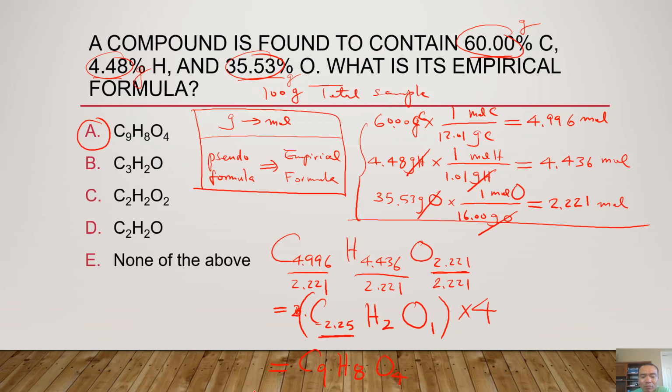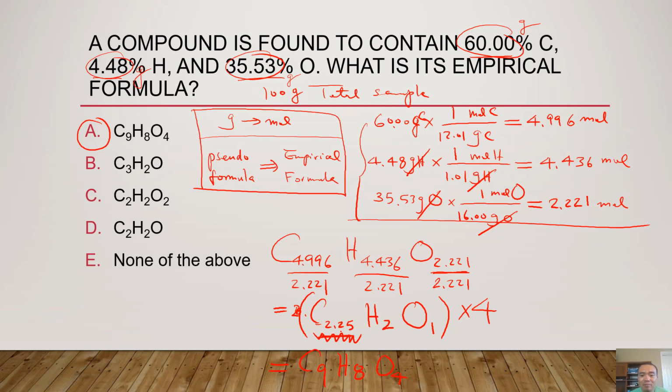The difference is, after you divide by the smallest number of moles, for carbon you don't have a whole number or a number really close to a whole number. So for this reason, we will have to multiply the whole formula by a certain number, so they will become the smallest whole number ratio. In this case, for 2.25, you multiply the whole formula by 4.